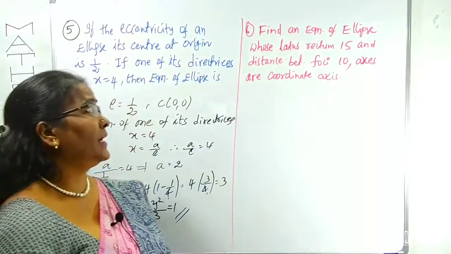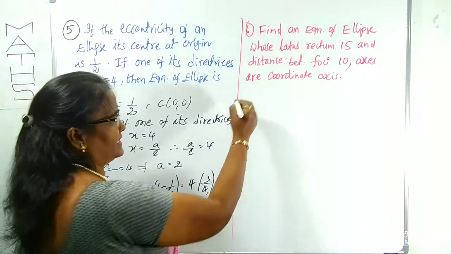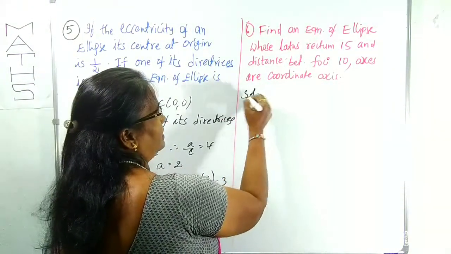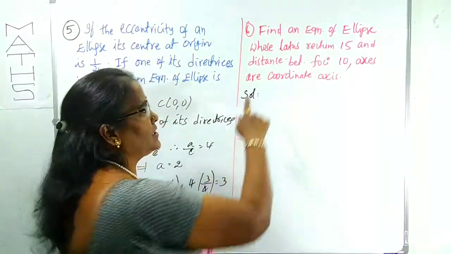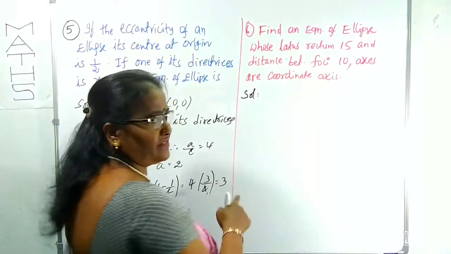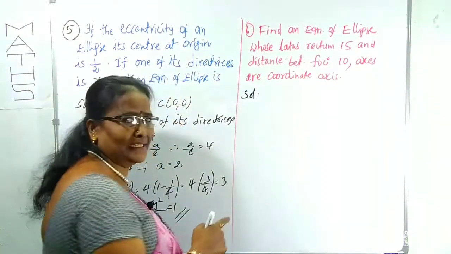Clear? Now come to the next question, number 6. What is the given data? We have to find an equation of ellipse whose latus rectum is given as 15 and the distance between the foci is given as 10.